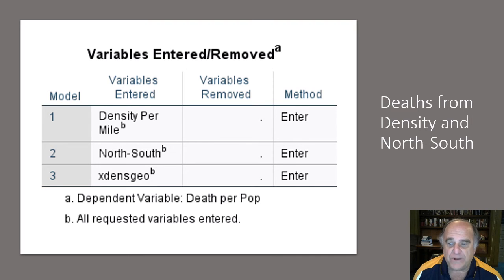Then on the second step, I put in north-south, the dummy-coded variable. And on the third step, I put in the interaction of density and whether the state was in the north or the south. Again, the dependent variable we're predicting here is COVID deaths per million.